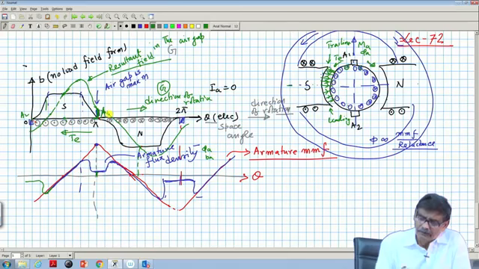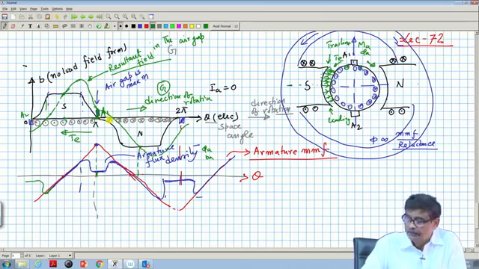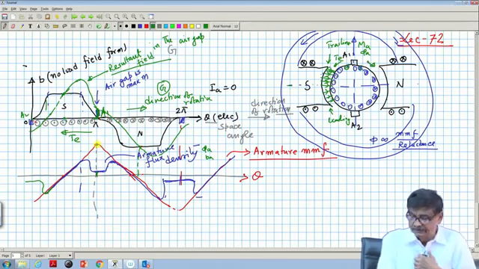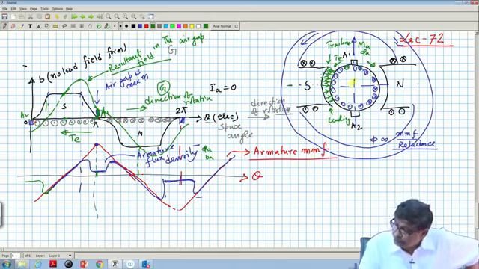So, one way of saying this is that you try to put the brushes in positions where the flux will be 0, okay, where the flux will be 0. But before that, let us calculate this armature MMF per pole.